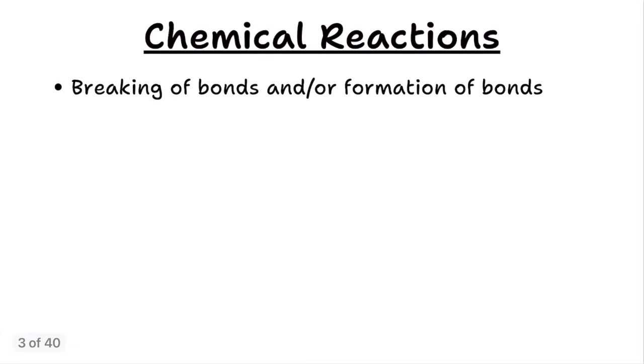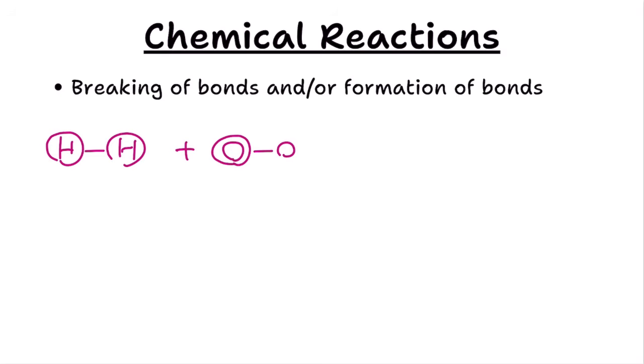And how I actually define a chemical reaction or chemical change is the breaking of bonds and the formation of bonds. So there must be some bonds broken and some new bonds formed if it's a chemical reaction. For example, when hydrogen gas reacts with oxygen gas, the covalent bond between the two hydrogen atoms is broken.